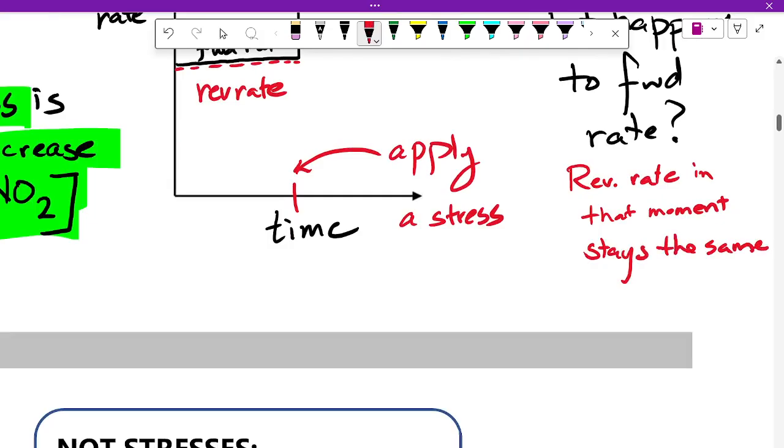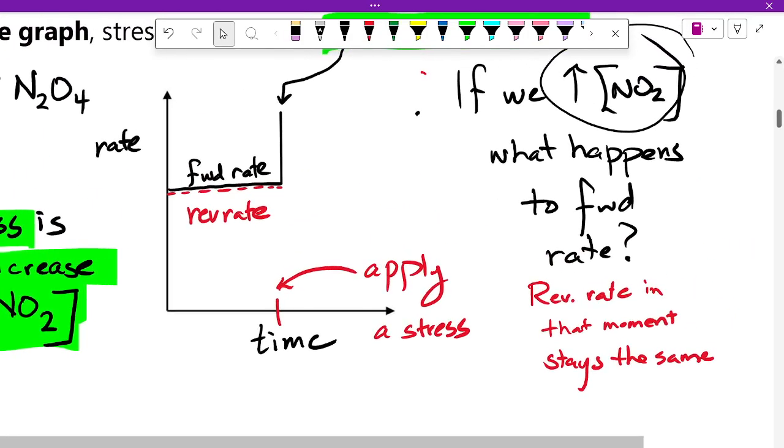James was just asking, what happens after that? Well, that's a very good question. What do rate diagrams do? If the two rates are not equal, what do they do? We did it yesterday. Did we do the interpretive dance?